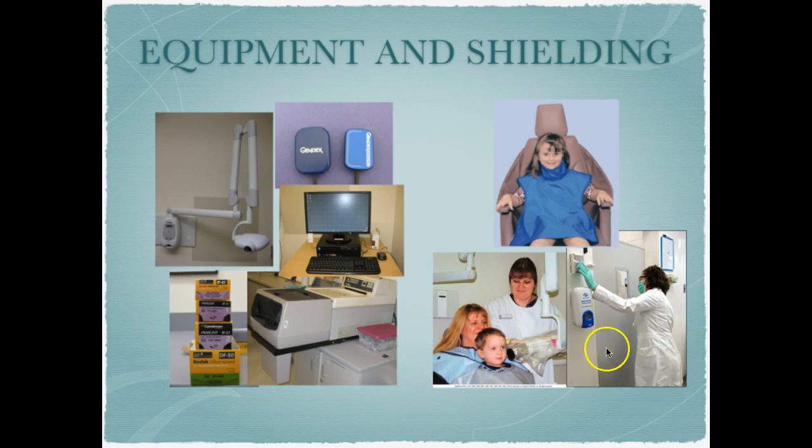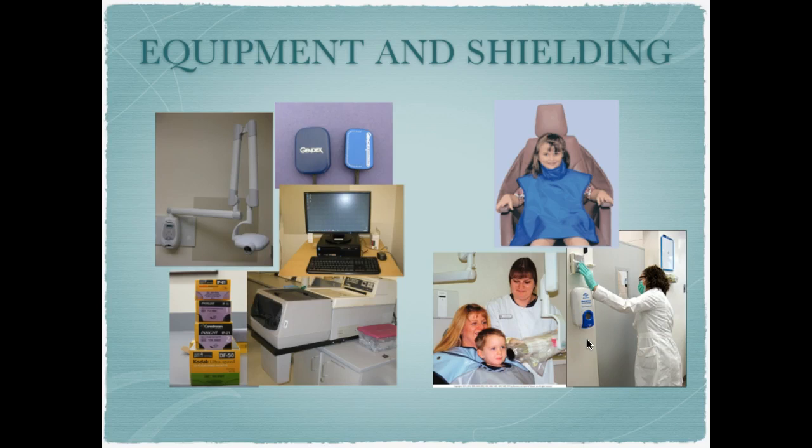For the operator, we use either shielding from the walls, which will help to eliminate X-ray exposure or radiation exposure. We stand out of the line of the direct beam of the X-ray.